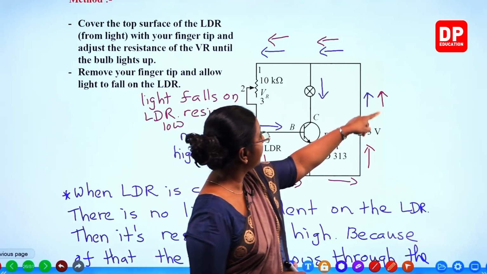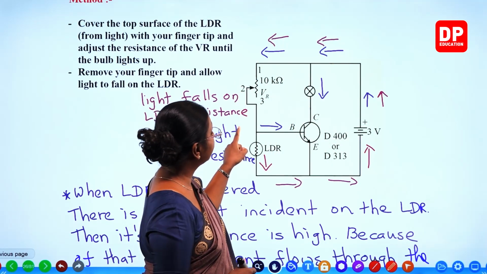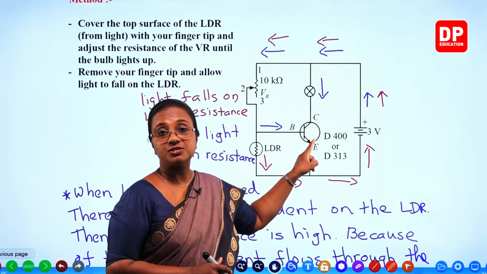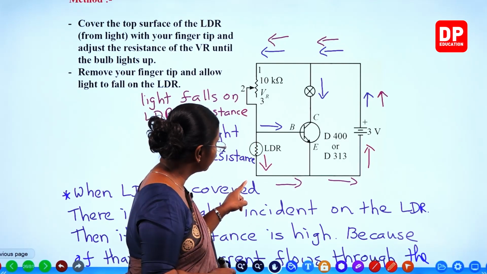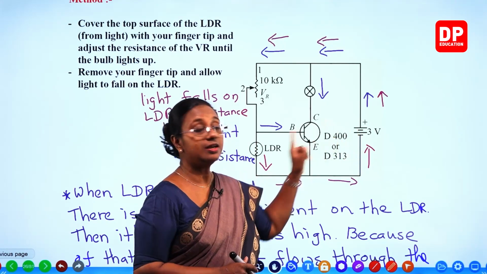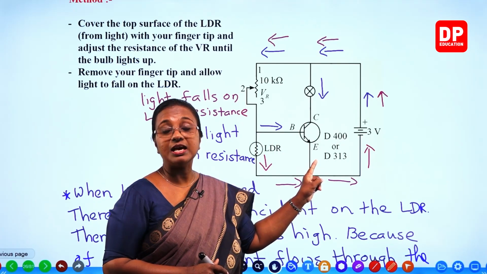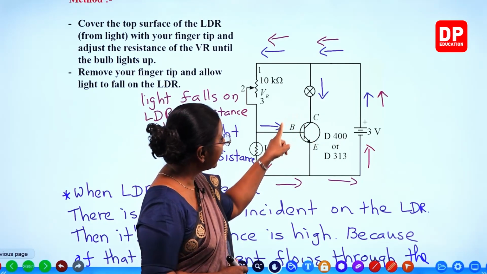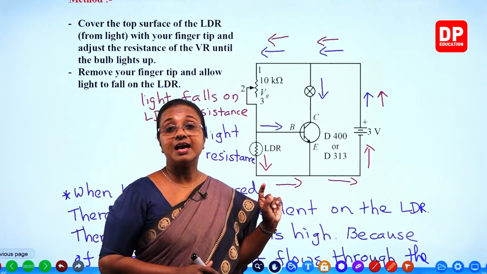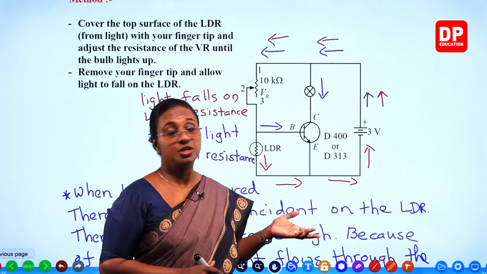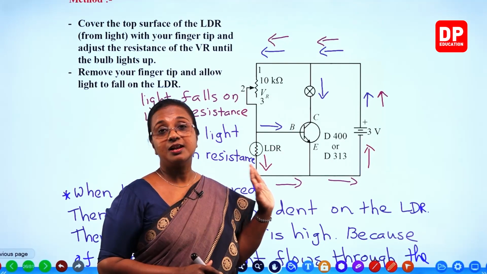Because of that, the current flows this way, but current does not flow into the base of the transistor. It flows through the LDR and back to the battery. So it is a current flowing through the external circuit. At that instance, the transistor acts as an open switch. So the bulb does not light.